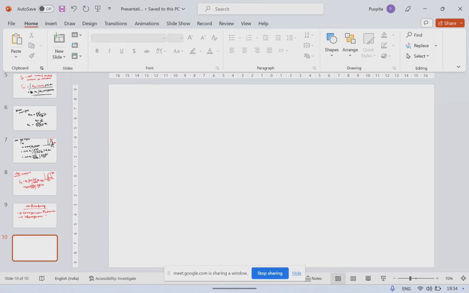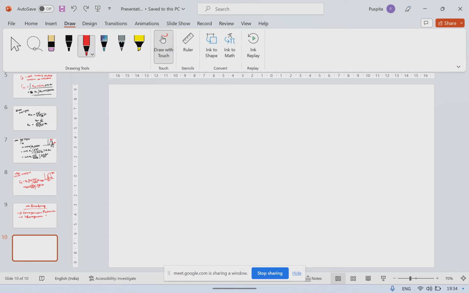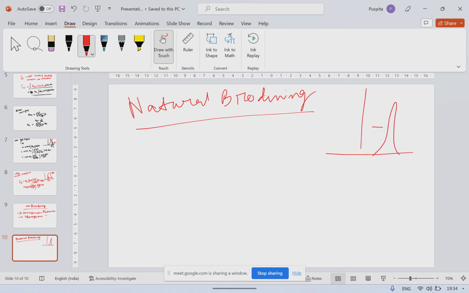Doppler broadening falls in the category of inhomogeneous broadening. So why natural broadening? Natural broadening is the natural reason that the line width at any frequency is not zero. So how can we calculate natural broadening?